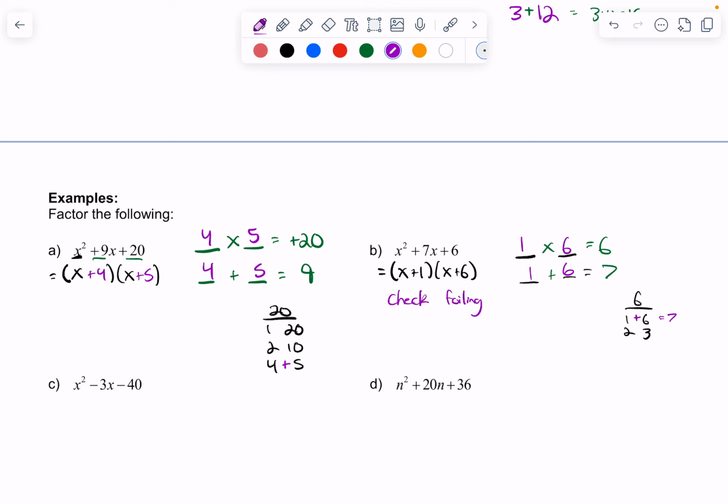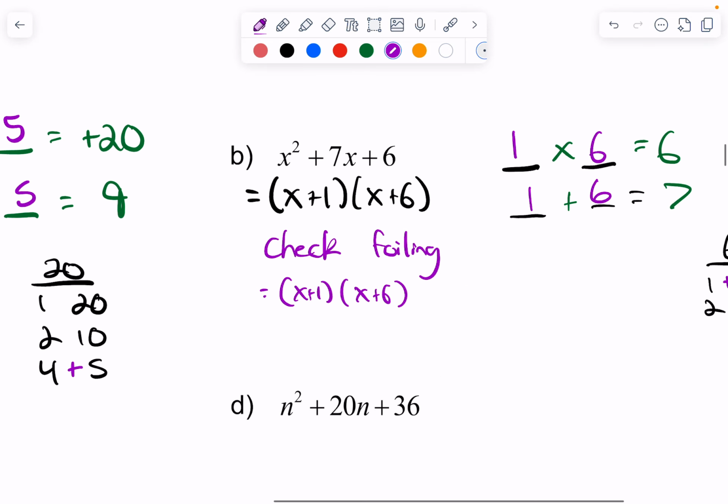All right? And so checking that would be, well, x plus 1, x plus 6. Remember, foiling, that we did in the previous lesson, is taking the first times the first. So that would give us x squared. First times the outside, so the O part of foiling.